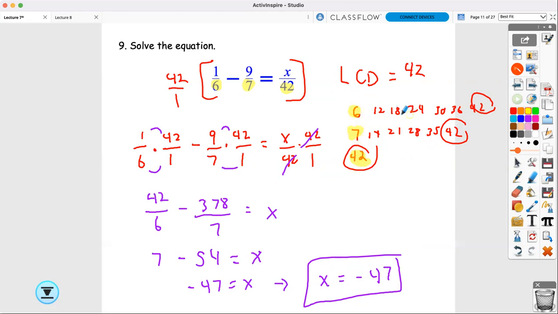So I counted by my 6s, and I noticed that my 6s ended up hitting 42. And then 42 and 42 are now in common, but in order for that to be the LCD, 42 needed to be with 7 too. So I did my 7s, 7, 14, 21. And then what happens? We hit what? 42. That is the first number where all three have in common, because the multiples of 42 would be 84 next, but 84 is too big at this point, and we already have a smaller one, which is 42.